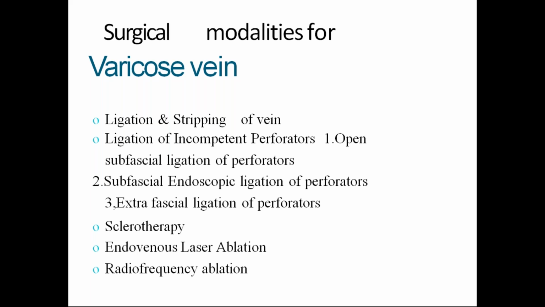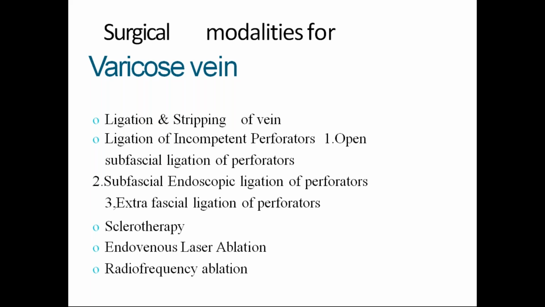So the Bisgaard regimen is graded active and passive exercises and massage, then crepe bandage and antibiotics. All these make up the Bisgaard regimen, which we apply especially in venous stasis ulcers.